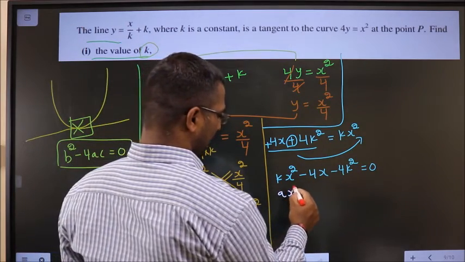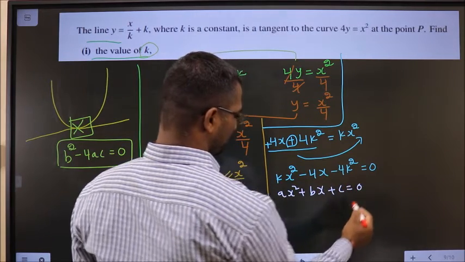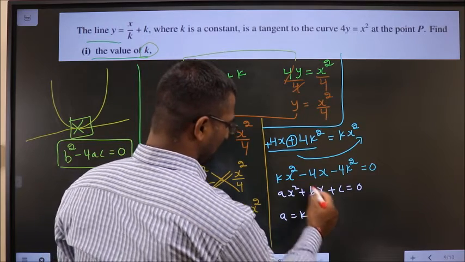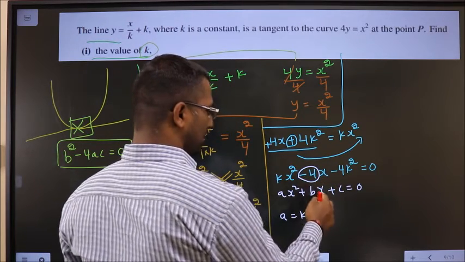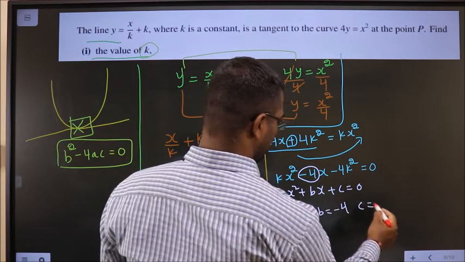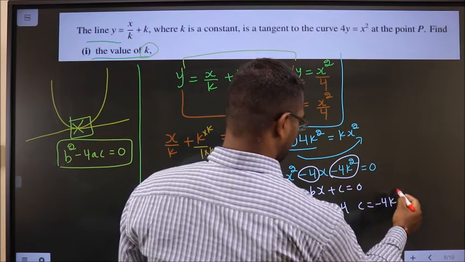Compare this with ax square plus bx plus c is equal to 0. I get a to be k, b, the coefficient of x, to be minus 4, and c is equal to the constant minus 4k square.